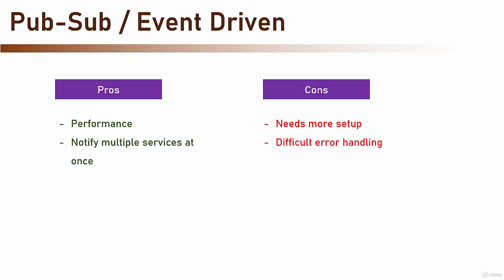In addition, it's difficult to handle errors in this pattern. There are a lot of moving parts, and pinpointing the exact location and cause of the error is not easy. And last, this pattern might cause load on the system. If we have a lot of messages and a lot of services subscribed to them, this might incur high network traffic and a lot of CPU and RAM usage that might make our system slow.